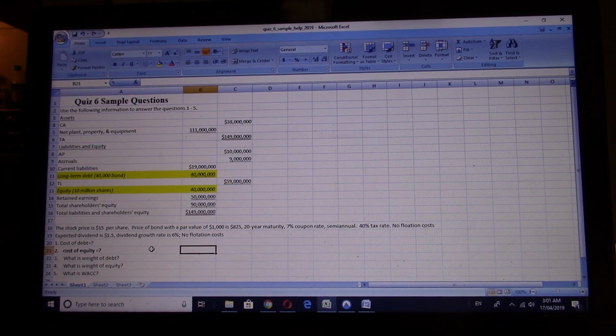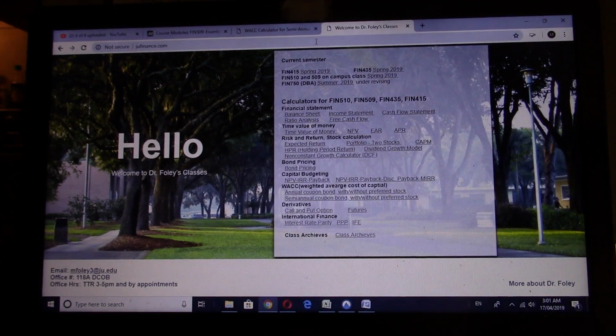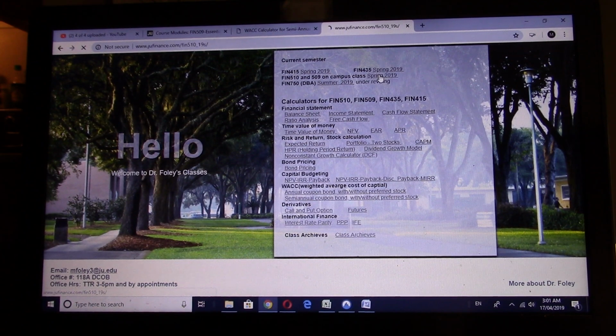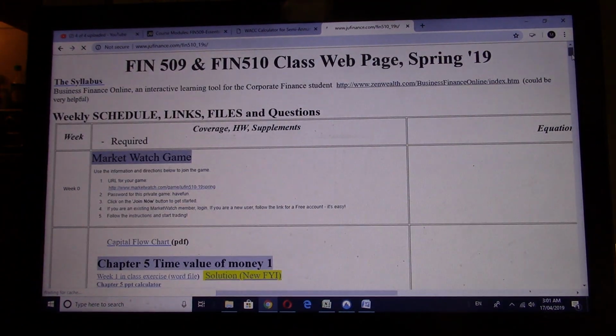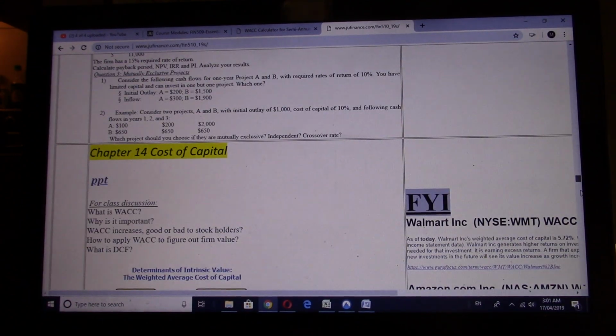Let's first try Excel. The cost of debt, you can go to the class website. You can find equations for cost of debt. It's under chapter 10, under chapter 14, cost of capital here.